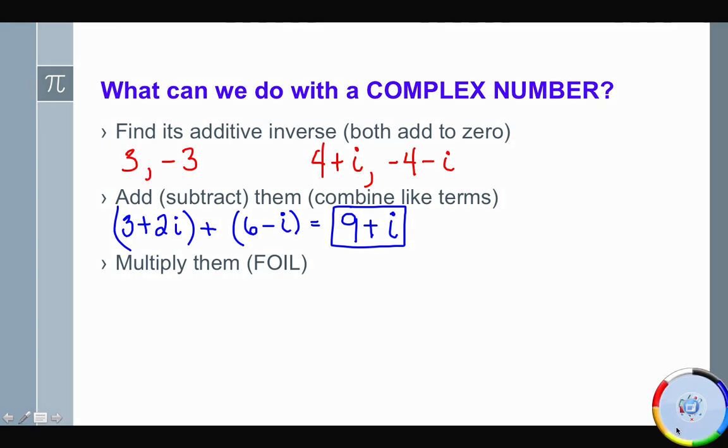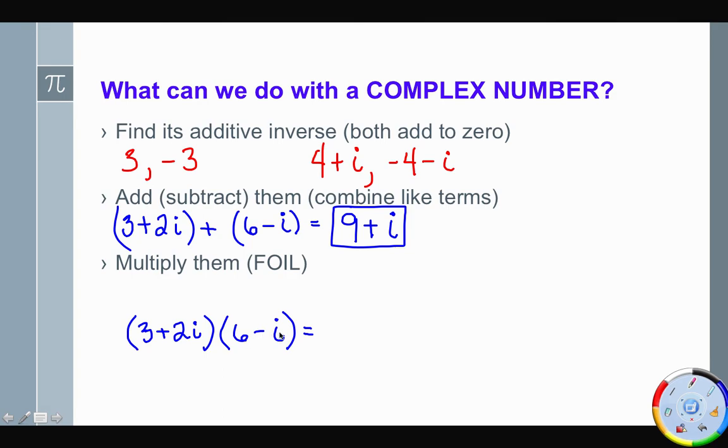The last thing we're going to do with these complex numbers is we're going to multiply them together. Let's multiply the same ones that we just looked at. 3 plus 2i times 6 minus i. All right, so multiplication. We need to FOIL.